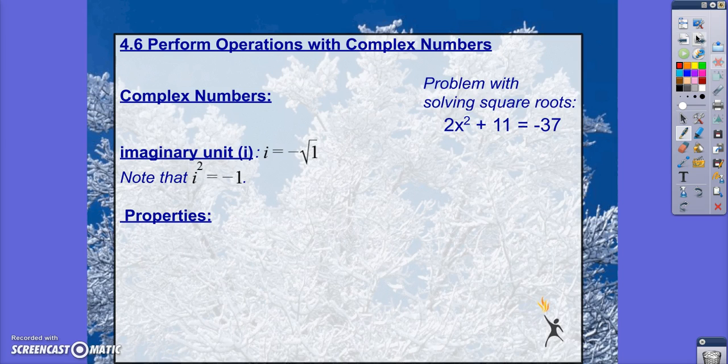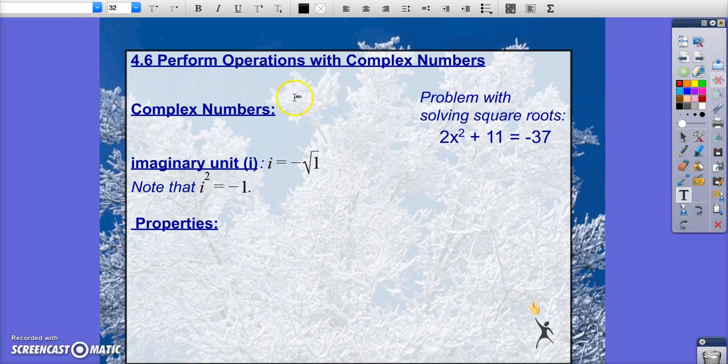So complex numbers, we'll talk about them in a second. Complex numbers are used in the form of, call it, a plus bi, which are made up of real and imaginary numbers.